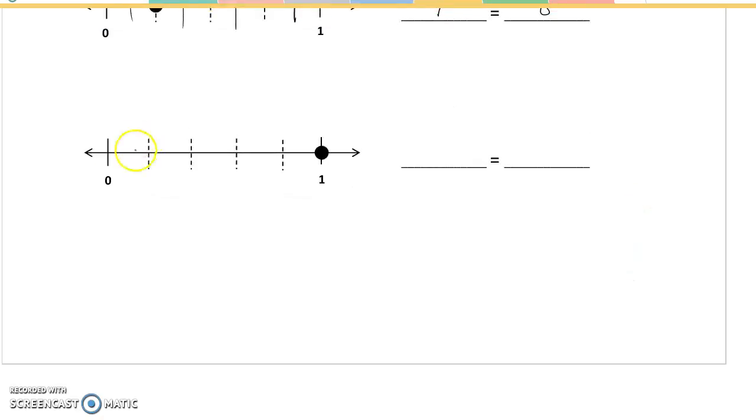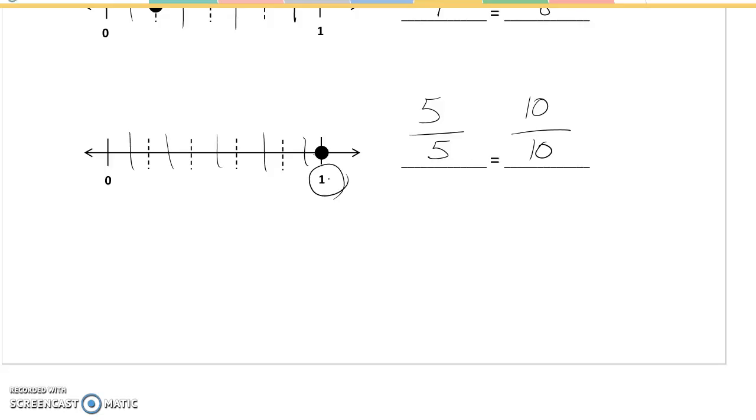And the last one, I've got 1, 2, 3, 4 fifths. 5 sections, and I'm at the last one, 5/5, which is equal to 1. If I break each of these in half, I've doubled my sections to 10, and I'm at the 10th. So 5/5 is equal to 10/10. They're both equal to one whole thing.